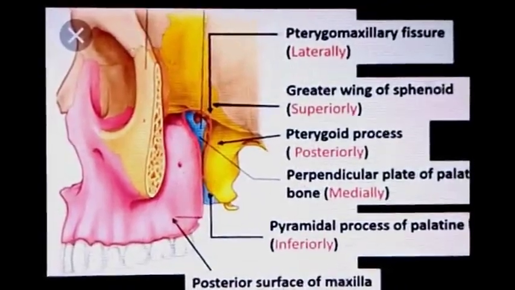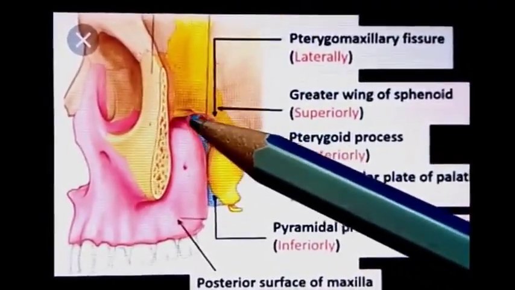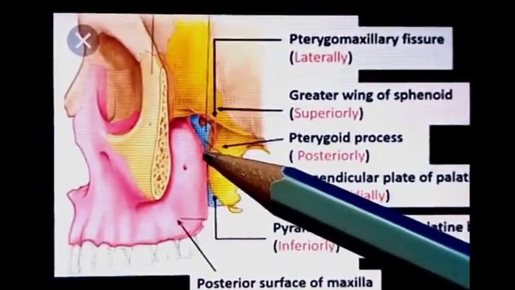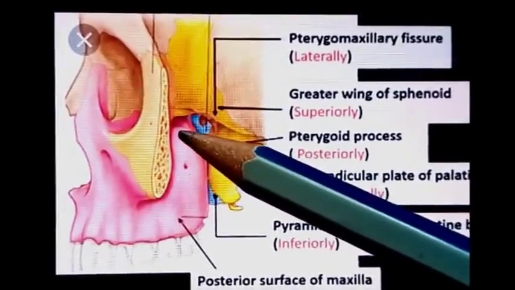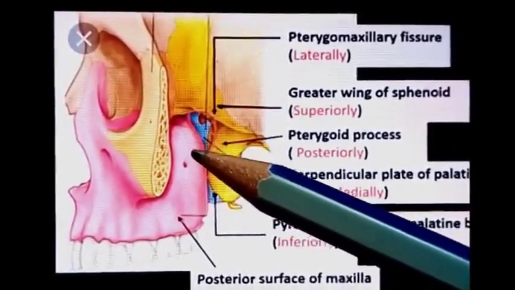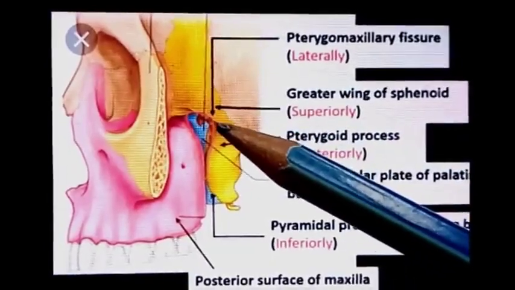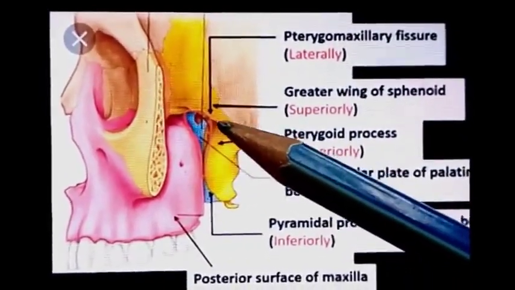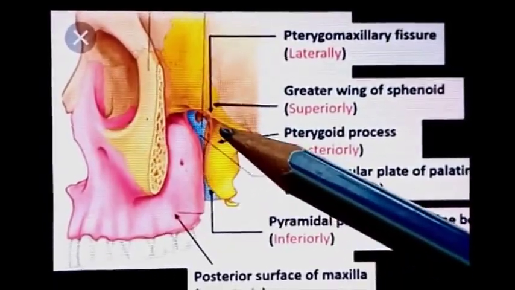Boundaries of the fossa. The fossa is bounded anteriorly by the superomedial part of the posterior surface of maxilla. This is the superomedial part of the posterior surface of maxilla. Posteriorly, it is bounded by the root of the pterygoid process. This is the root of the pterygoid process.